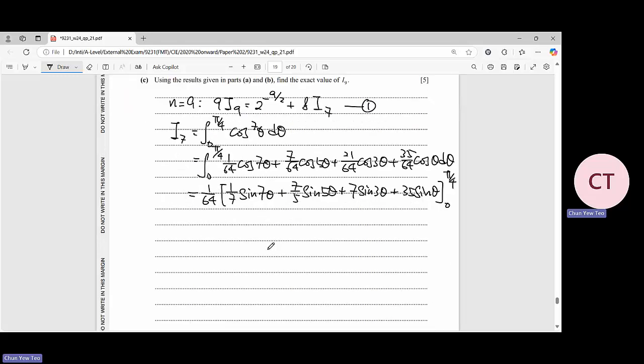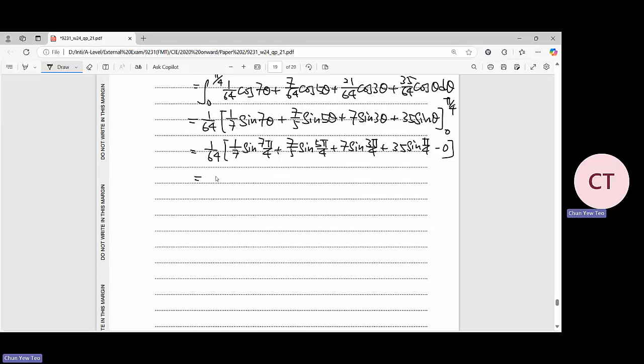Now we need to put in the values. It will be 1 over 7 sin 7π over 4 plus 7 over 5 of sin 5π over 4 plus 7 of sin 3π over 4 plus 35 of sin π over 4, minus 0. We have to be aware of the values, so we can get help from the calculator.